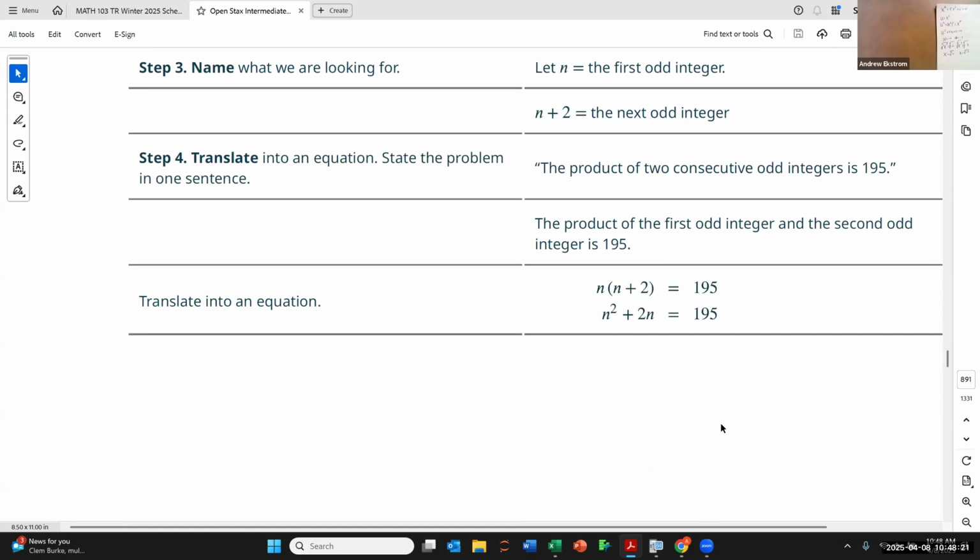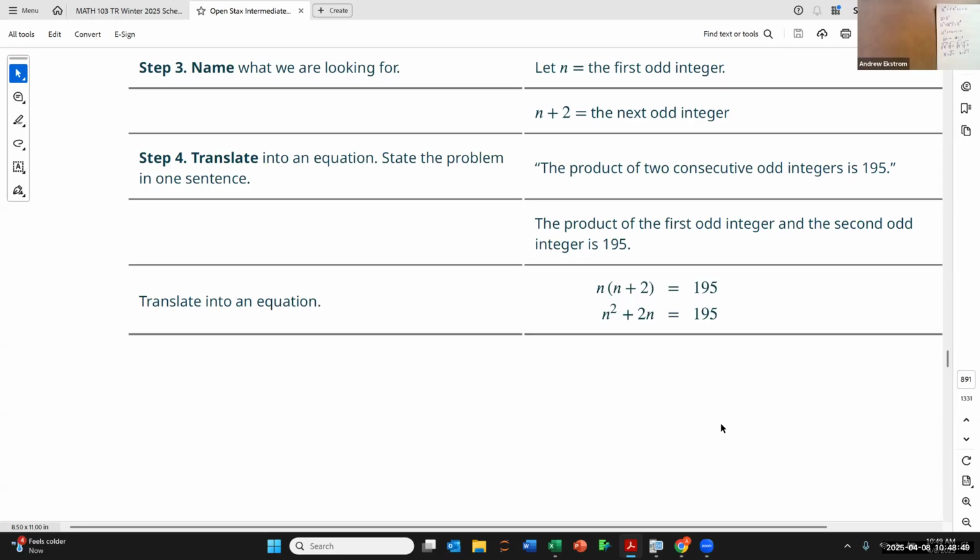The product basically means we're multiplying 2 consecutive odd integers. That's telling us that we have n, which is going to be one of these values. We don't know what the other value is, but we know that it's going to be 2 more because we said 2 odd integers. If we said 2 even integers, that's equal to, say, 100 or something like that.